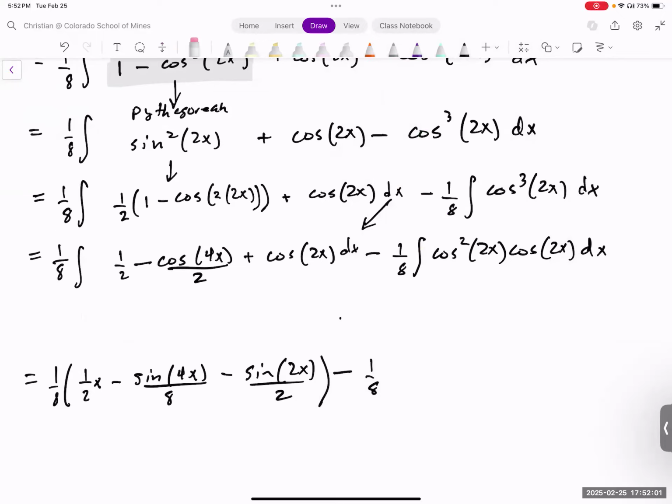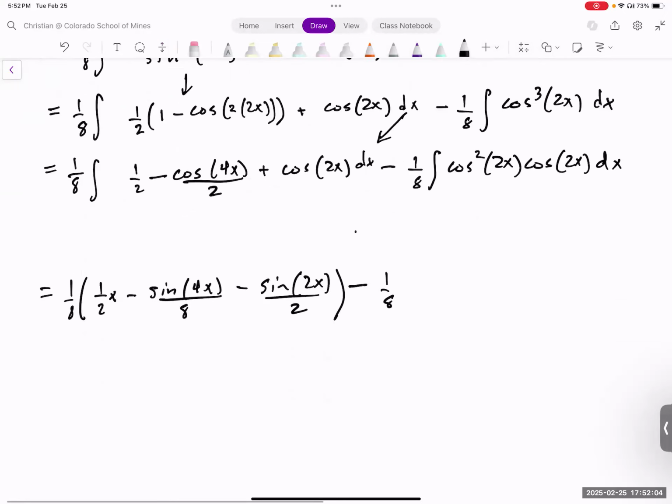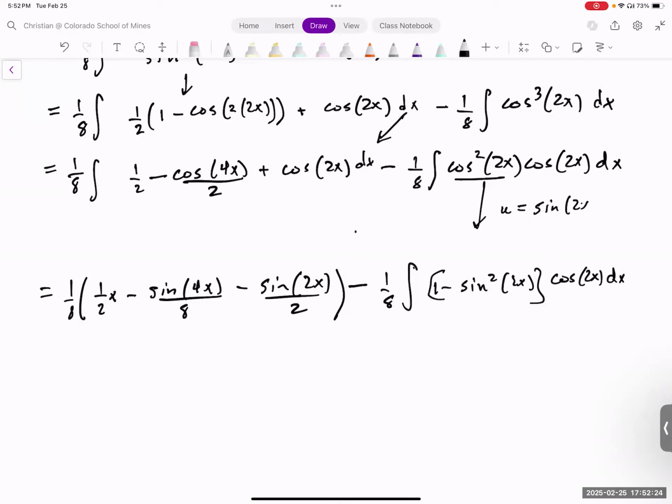The cosine squared 2x becomes 1 minus sine squared 2x, times cosine 2x dx. And we're going to make u equal to sine of 2x. Then du is, let's see, we want half of du is cosine 2x dx. All right.